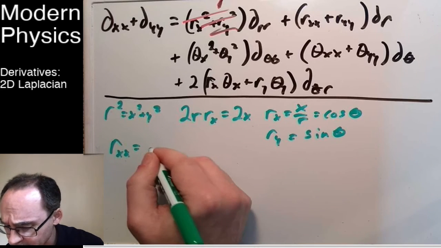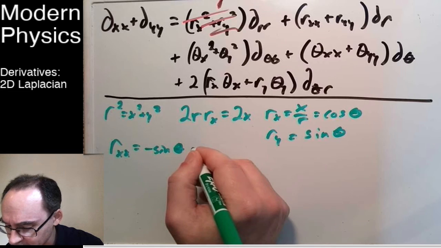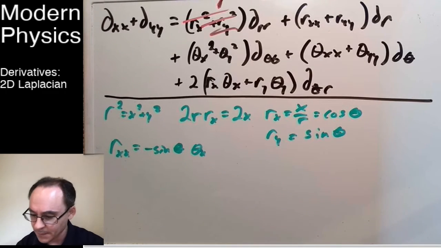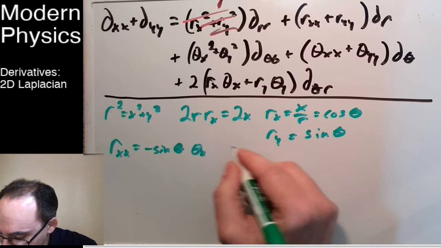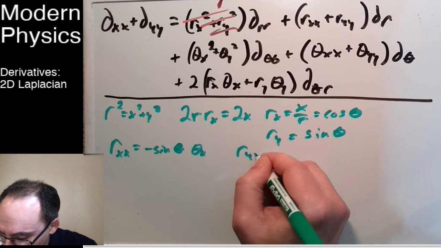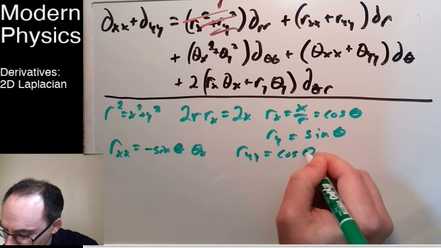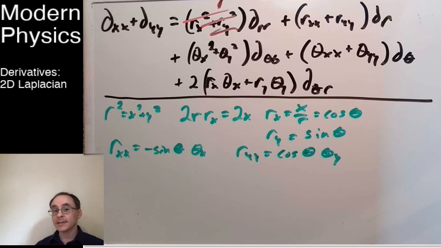Well, the derivative of cosine theta is minus sine theta, and then I have to take the derivative of what's inside, because I'm taking the derivative with respect to x, not theta, so I get theta x. I haven't figured out what theta x is yet, though, so maybe I'll leave that. Ryy is similarly cosine theta theta y. Well, okay, let's go figure out what theta x and theta y are.